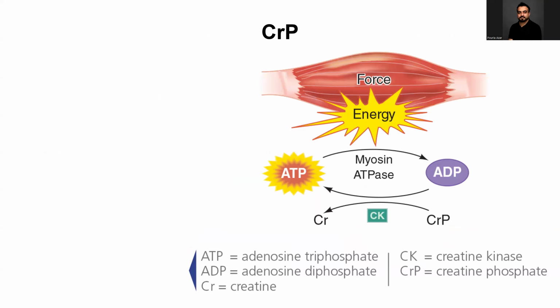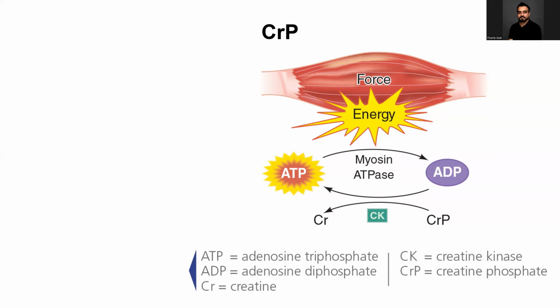So here is another reaction like what we see in the muscles. Again, we have ATP. When we use our muscles to produce force, the muscle uses the ATP and we get ADP.